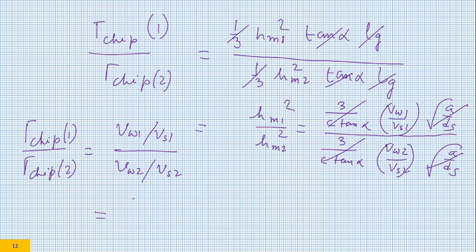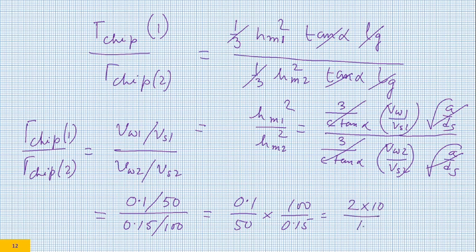If I recall, this was 0.1 millimeter per minute, and this was 50. And the second one was 0.15 and this was 100. So what happens? 0.1 by 50 into 100 by 0.15. So 2 into 10 by 15.